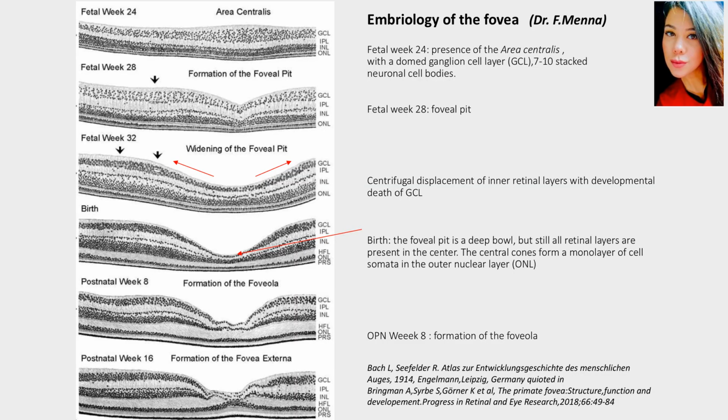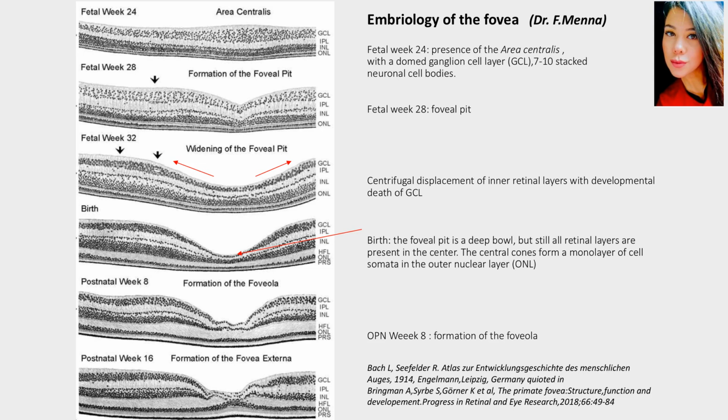It's really interesting to focus on the morphological development of the human fovea, because understanding the structure of the primate fovea can help to understand the beautiful mechanism underlying human vision. Here you can see a model of foveal development. At 24th fetal week there is the presence of the area centralis with a domed ganglion cell layer.